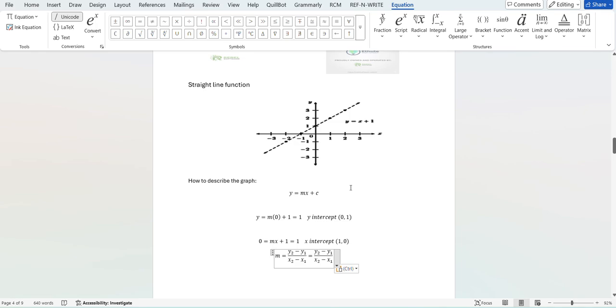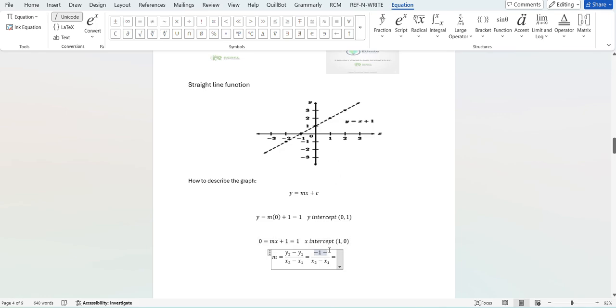Let's take this point, minus 2 for x and minus 1 for y. It will be our first point. Then here we're going to take 3 and 2.